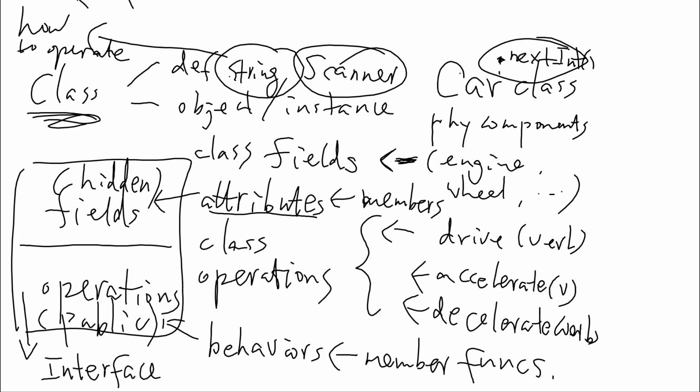So it serves the purpose of the interface for clients to operate on. But the fields part is completely hidden, okay? So that's just a general idea about the two components.